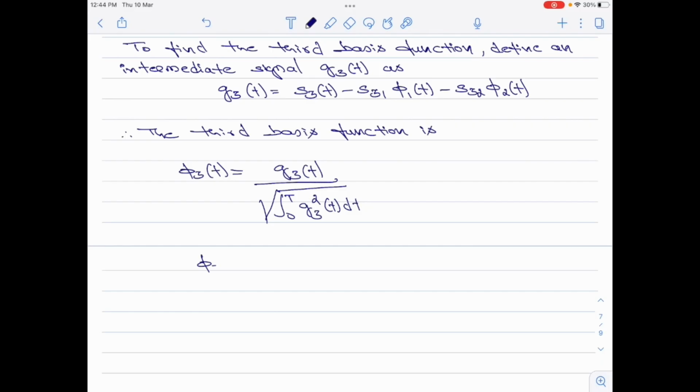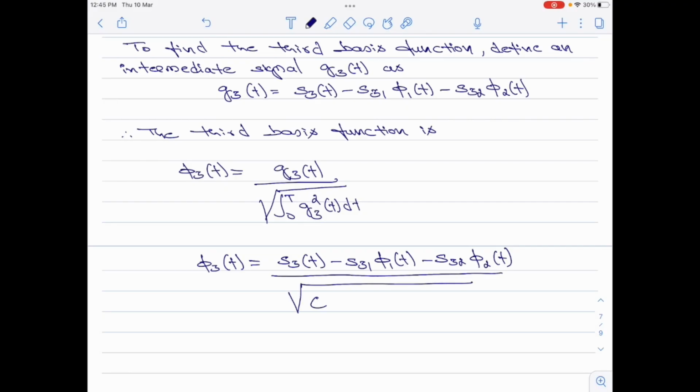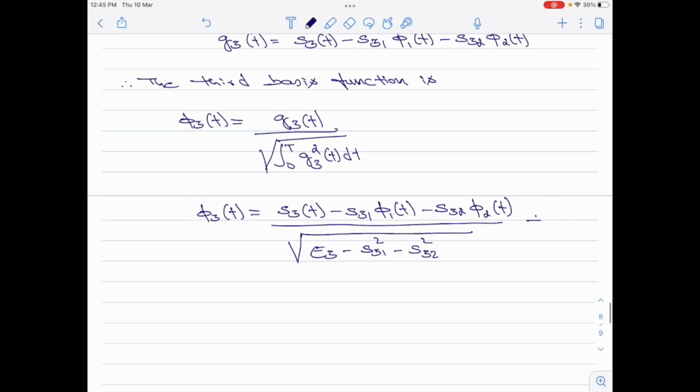So, phi 3 of t is equal to S3 of t minus S31 into phi 1 of t minus S32 into phi 2 of t, whole divided by square root of E3 minus S31 square minus S32 square. Let me call this equation 6.